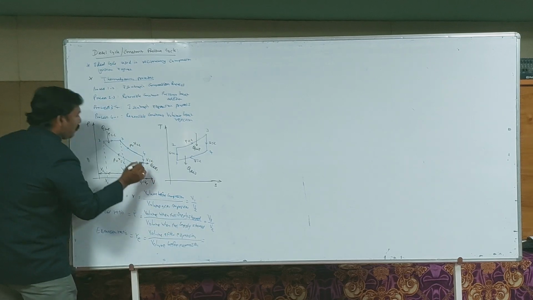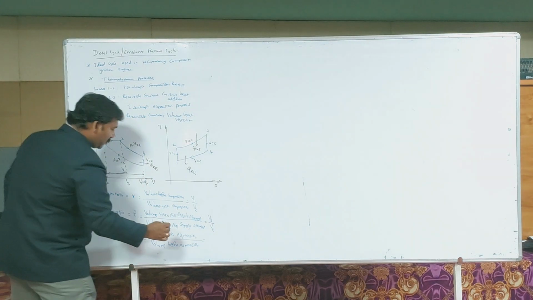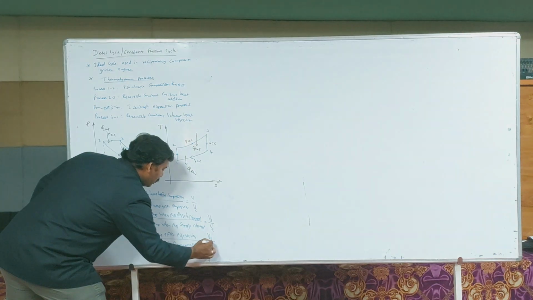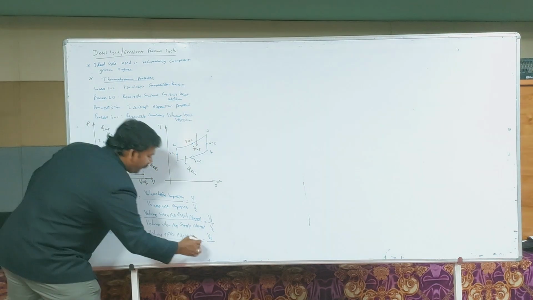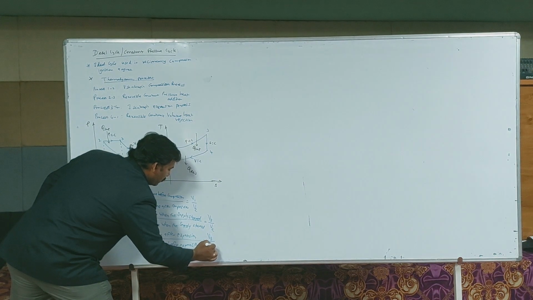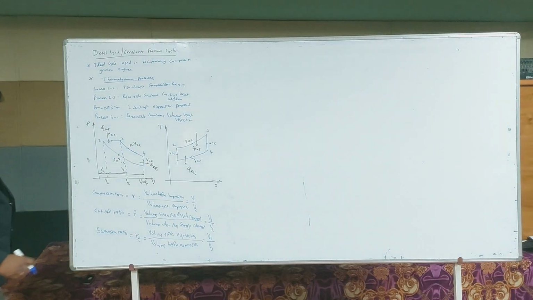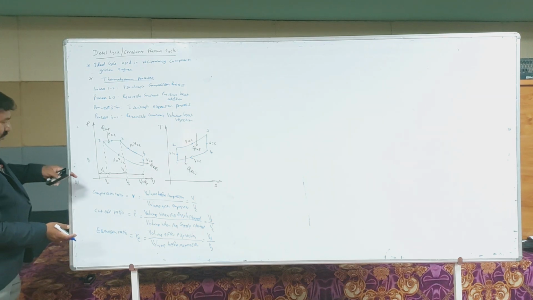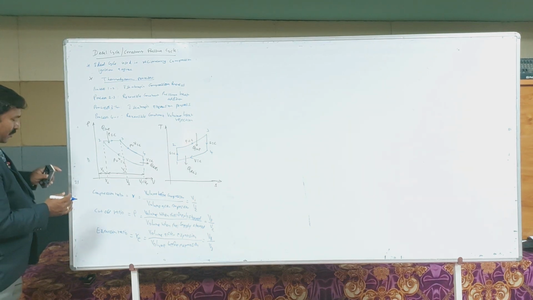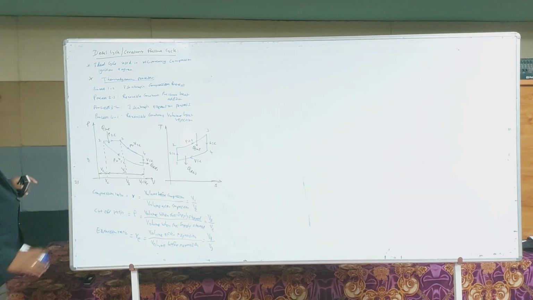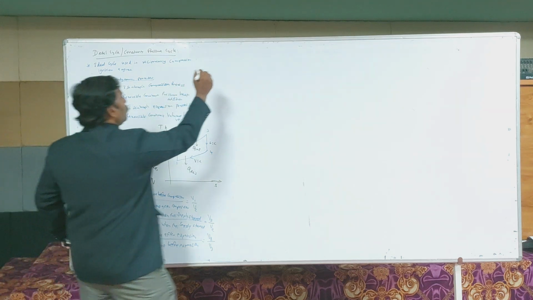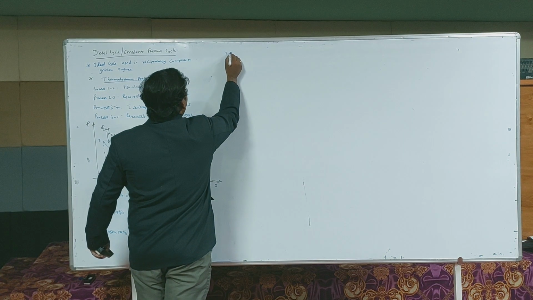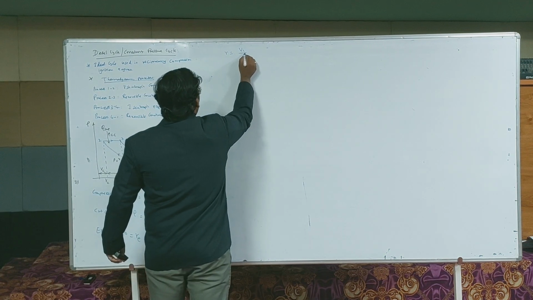So in the expansion process, volume after expansion is V4 and volume before expansion is V3. Now I can develop a relationship between this compression ratio, cutoff ratio and expansion ratio, which is R is equal to V1 by V2.